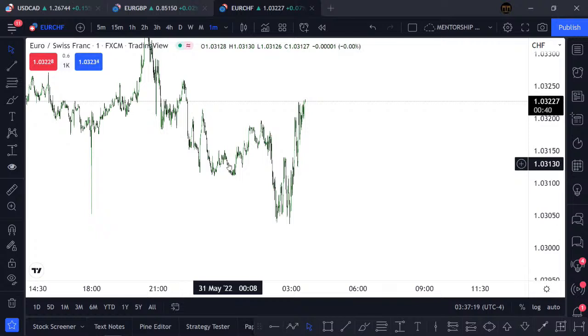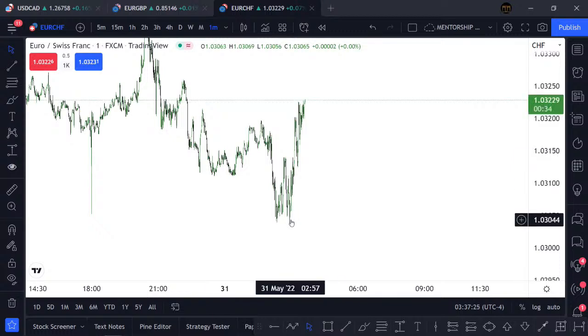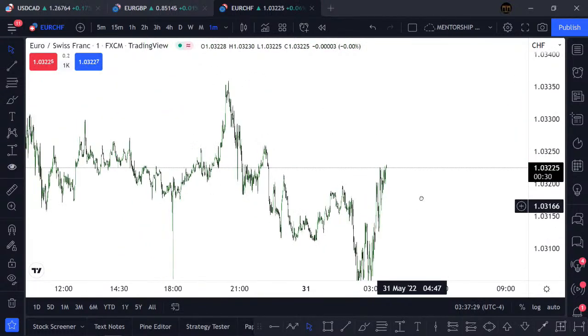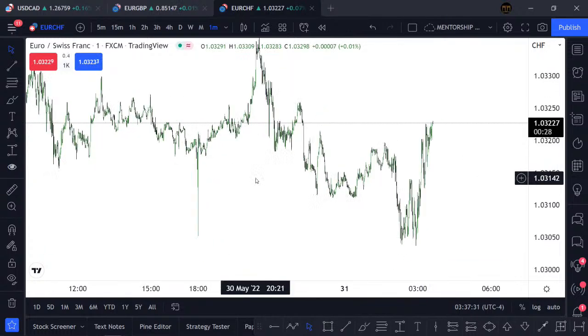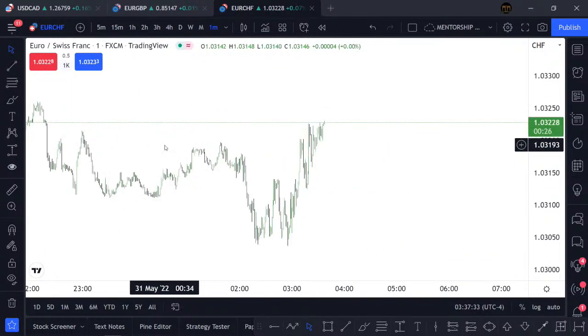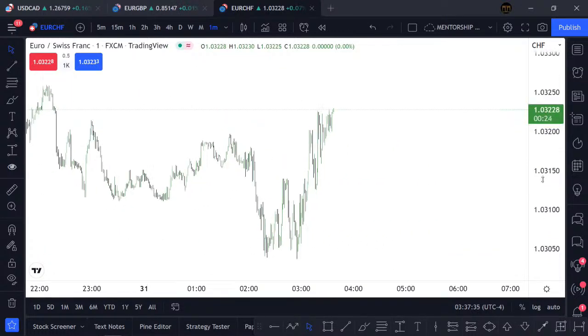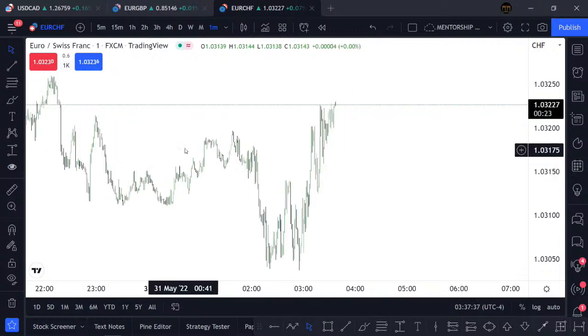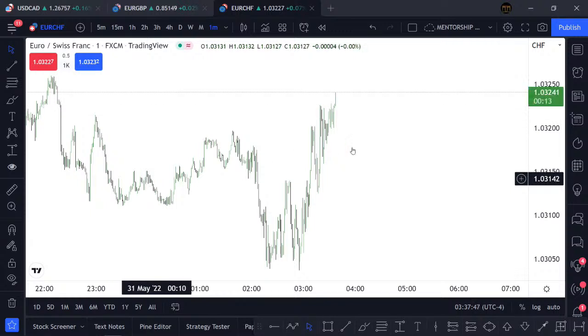So price opened here, dropped, then we see it rally. If it has already approached the midnight open price, you have to do your analysis on a daily and see exactly what it is doing. So price opened here, so let's look for the euro.